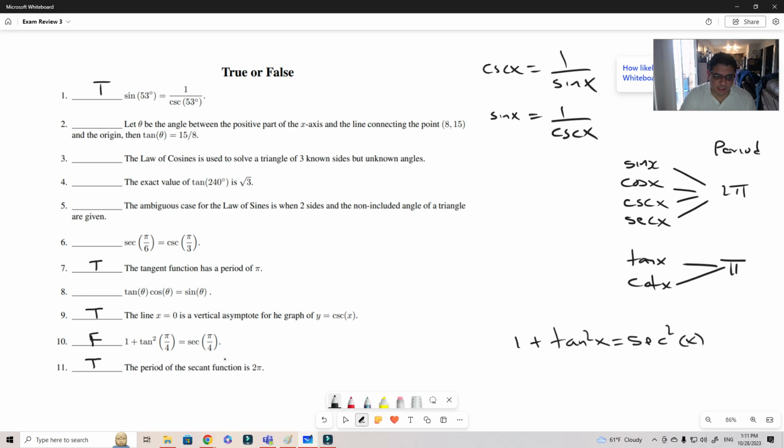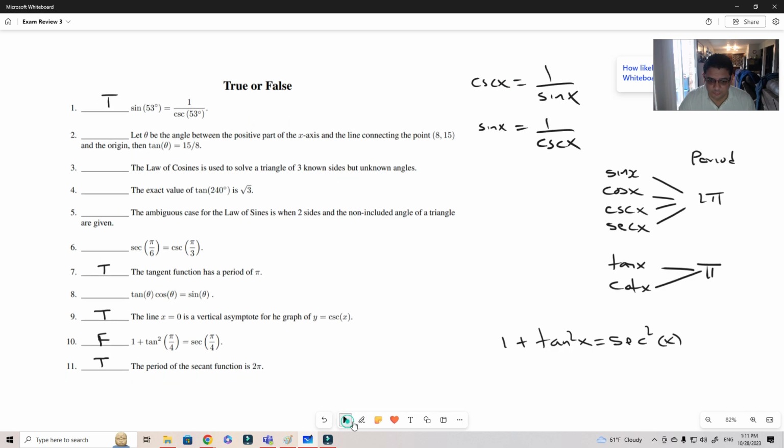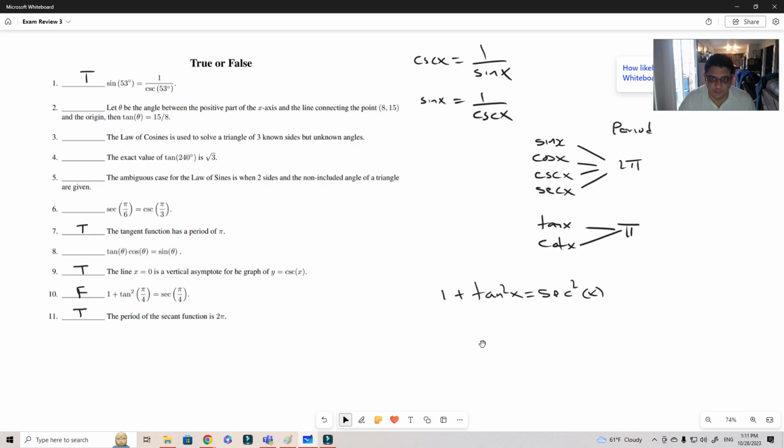Let me complete this number 8. We have that tangent times cosine is equal to sine of theta. So this is an identity, and we're trying to establish if that identity is true. And in this scenario, it is true, because if you start from tangent of theta times cosine of theta, we can then break apart tangent as sine of theta over cosine of theta.